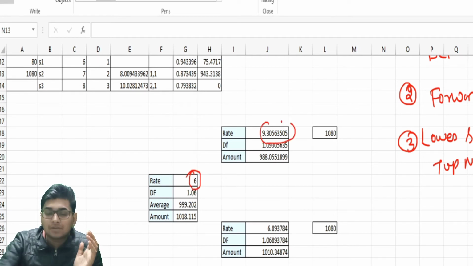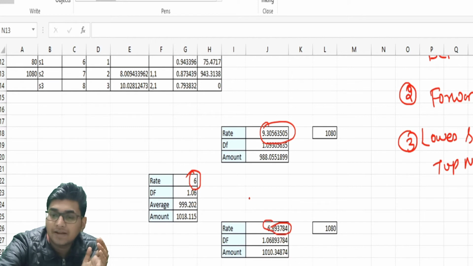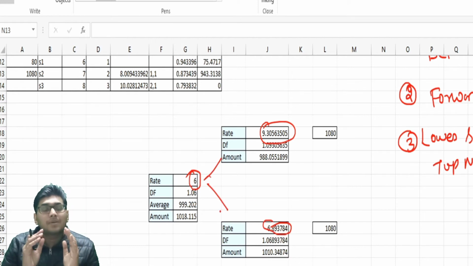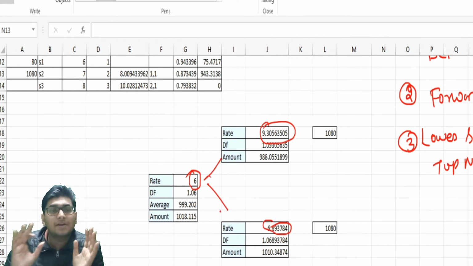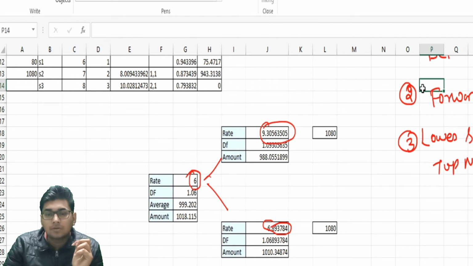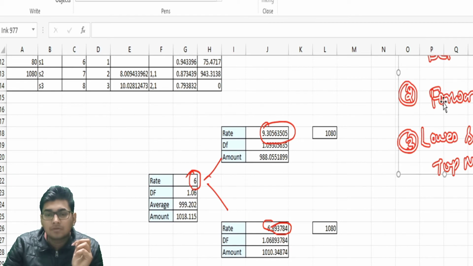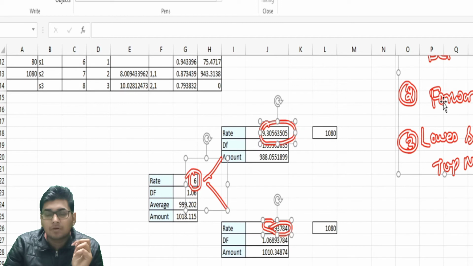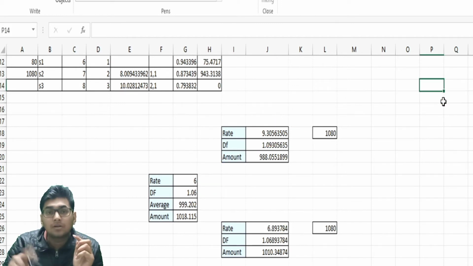Now our task is from here to find out the present value, the price of the bond, with the help of the binomial tree. See over here, what is my second step? Price of the bond, write down price of the bond with the help of binomial tree.